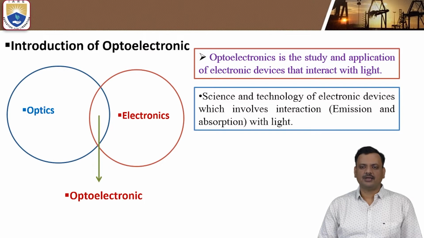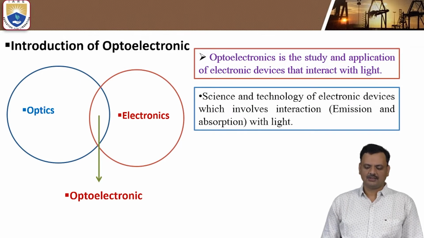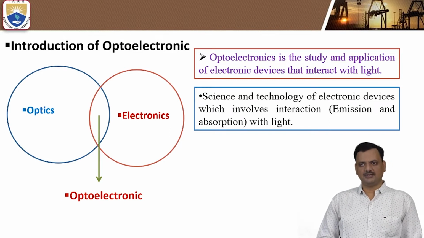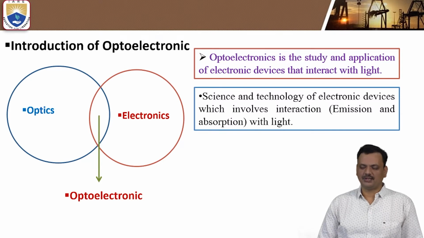Another definition is the science and technology of electronic devices which involve interaction, meaning emission and absorption, with light. So these are two adaptable definitions of optoelectronics.